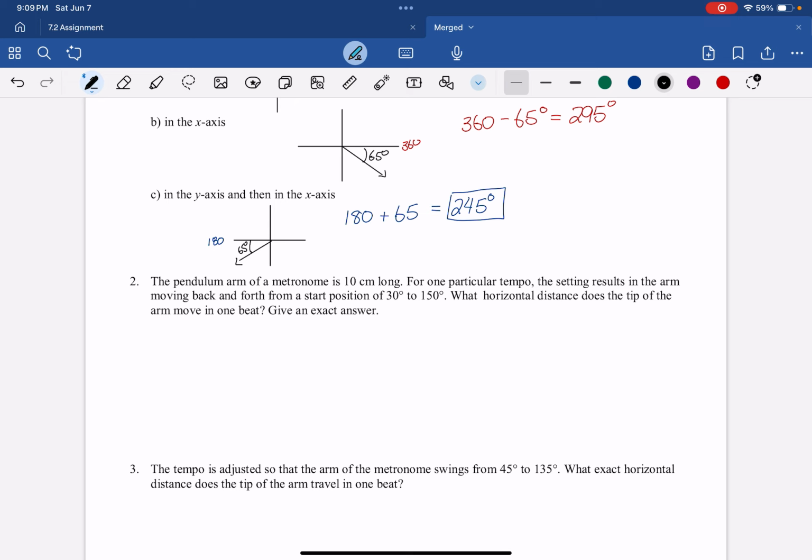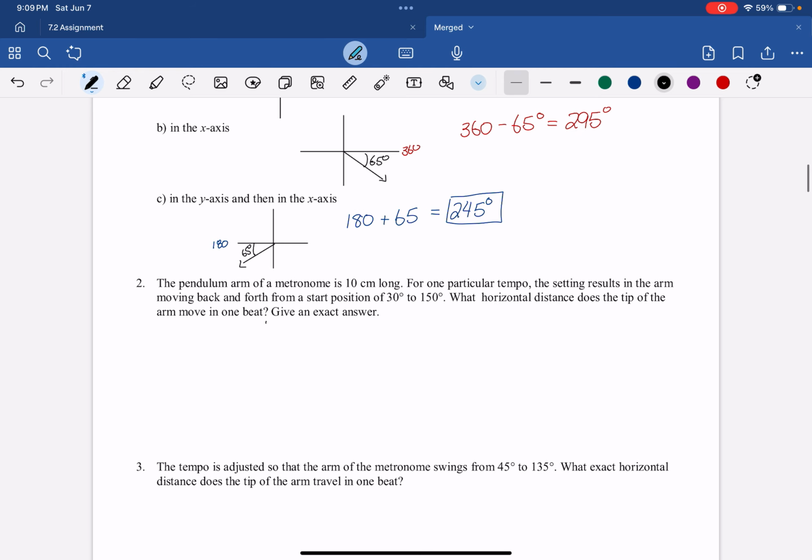So this one says we have a pendulum arm of a metronome is 10 centimeters long. For one particular tempo, the setting results in the arm moving back and forth from a starting position of 30 degrees to 150 degrees. So what that looks like is if I have a position here to position here. I'll draw it from the origin here.